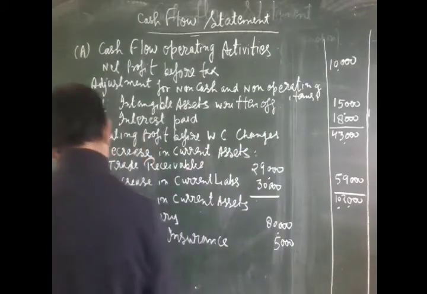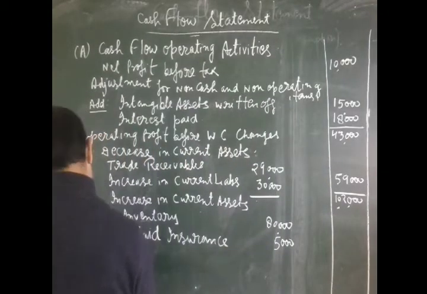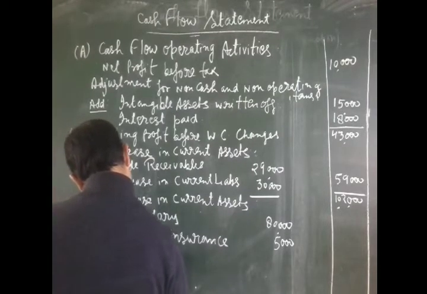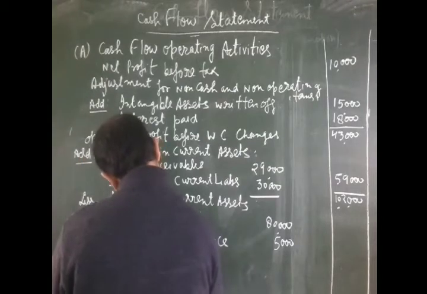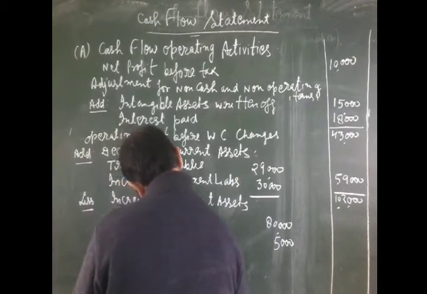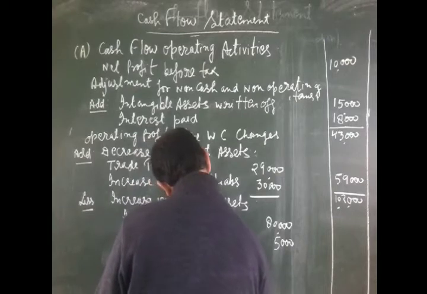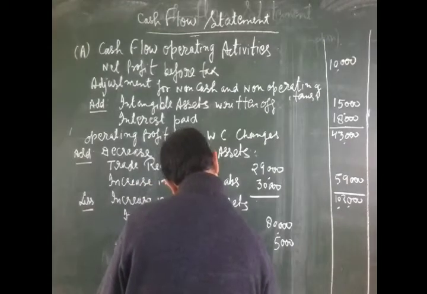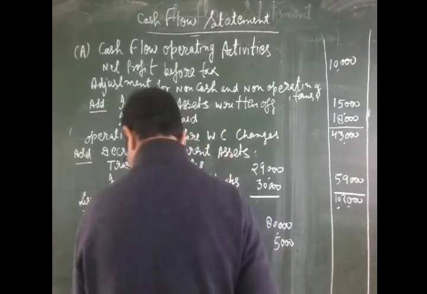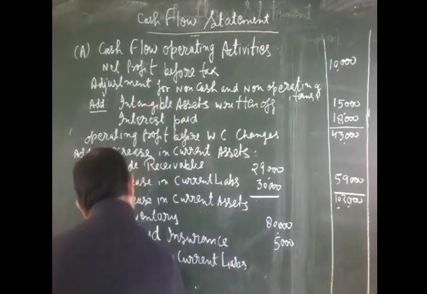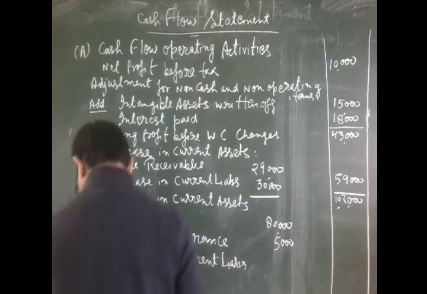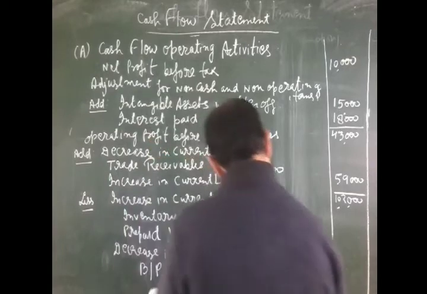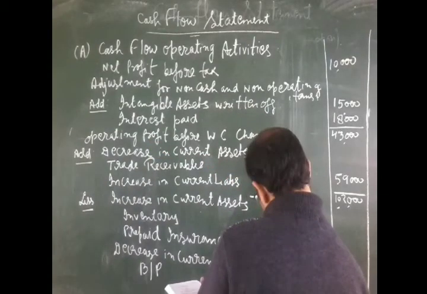In the same way, we will less decrease in current liability. Only BP is given, bills payable, and the amount is decreasing by 7,000.